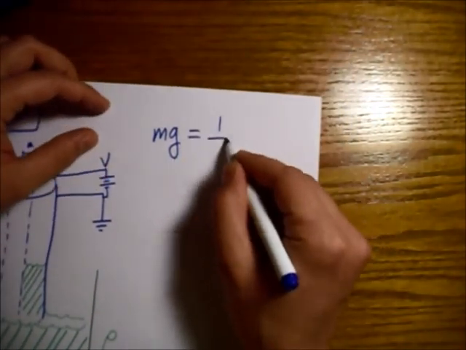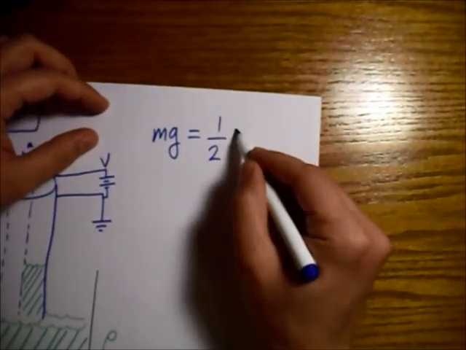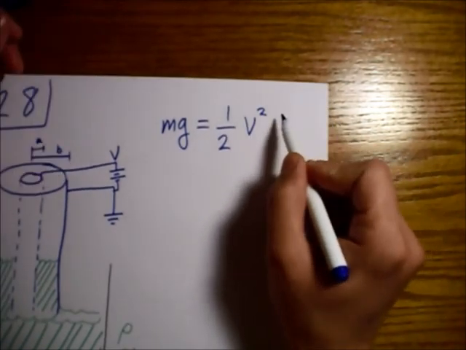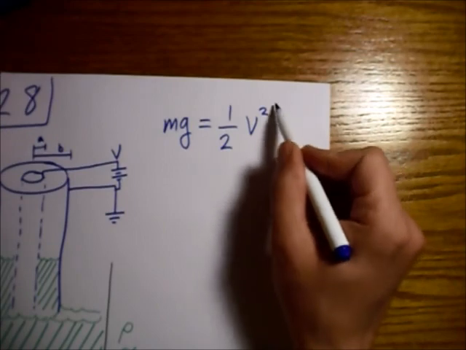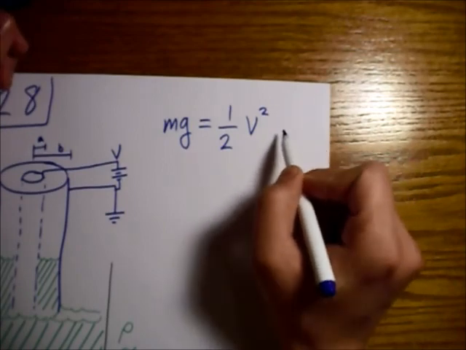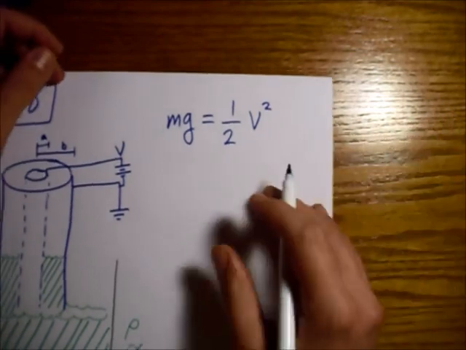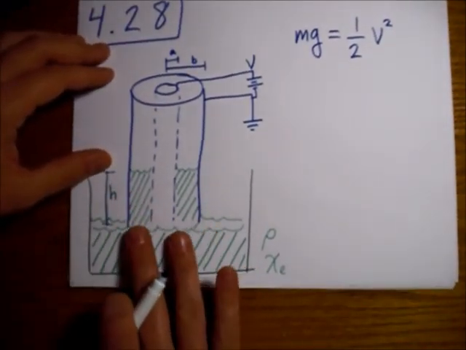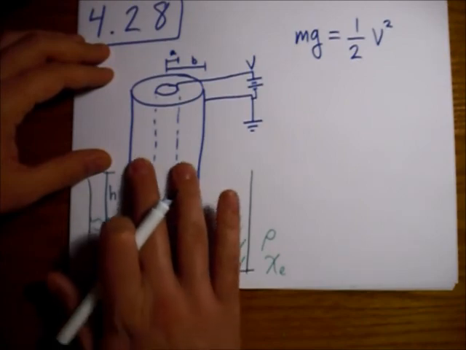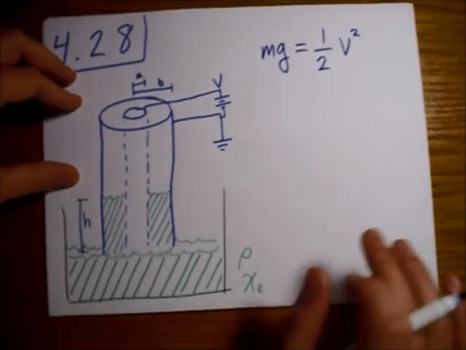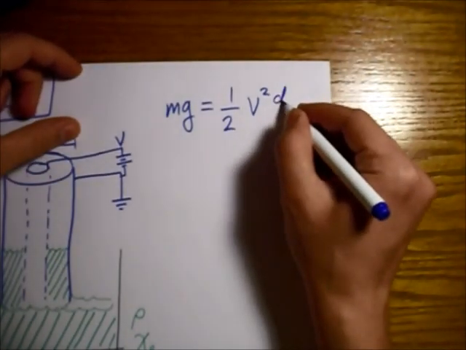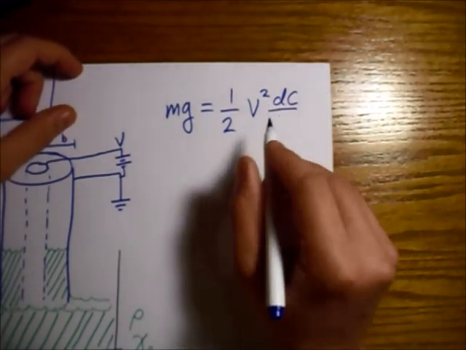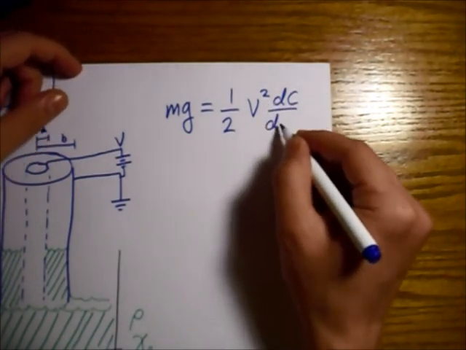All right, so 1/2 V squared, and 4.64 you'll see is the derivative of the capacitance with respect to x. In the case of this problem, x is h. X is the distance that the dielectric is being pulled into the capacitor. So I'm going to write the derivative of the capacitance with respect to h instead.